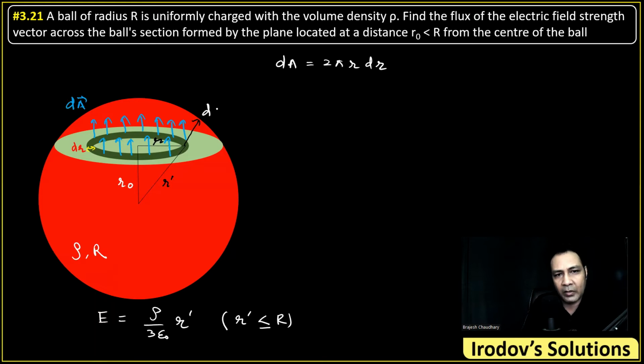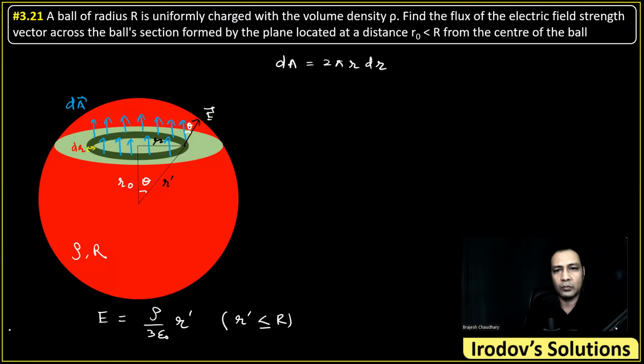The angle between dA and E vector at any point is, say, theta. So at all these points, the magnitude of the electric field is the same, that is E, and the angle between the E vector and dA vector at any point is theta.